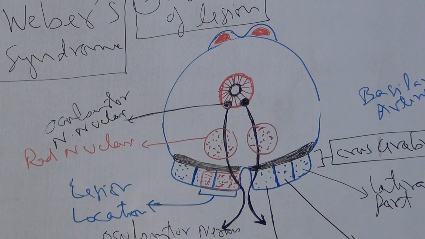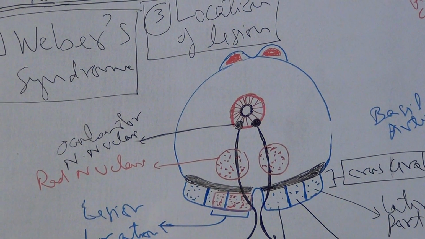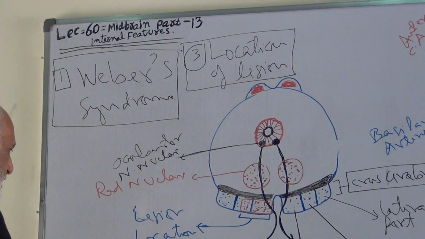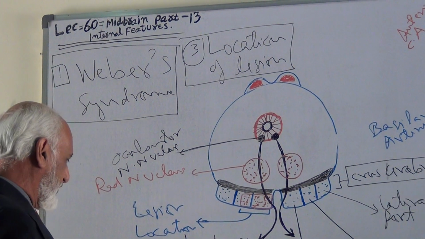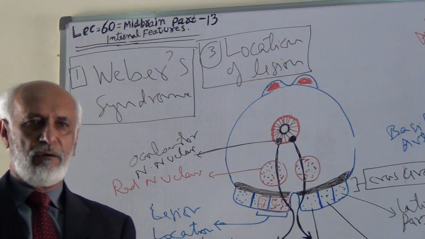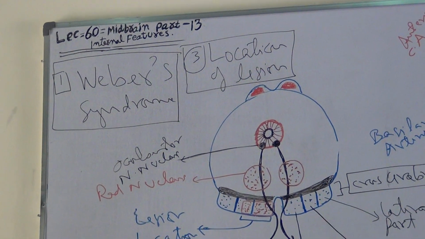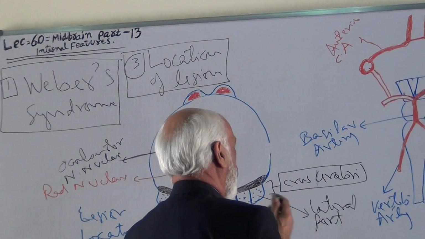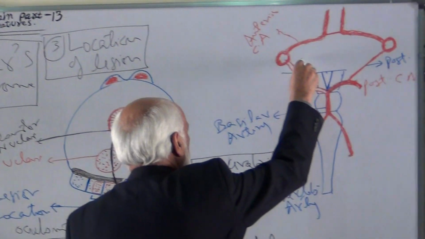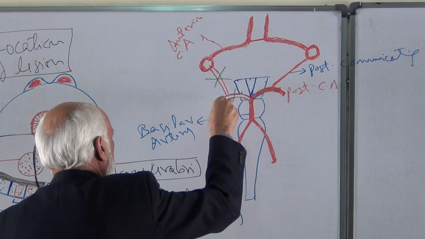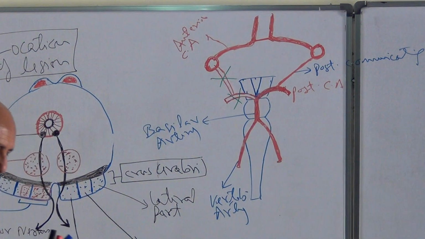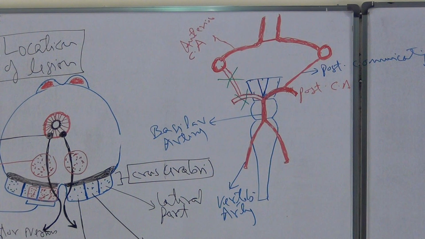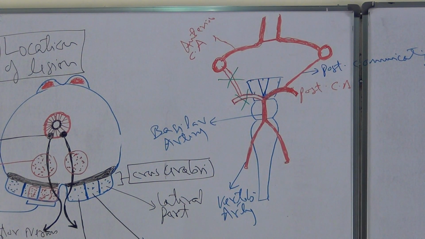So this was about the location and cause of the lesion. The cause is infarction due to disturbed blood supply of this region, which is number one, the posterior communicating artery and posterior cerebral artery. It will result in infarction of this area.